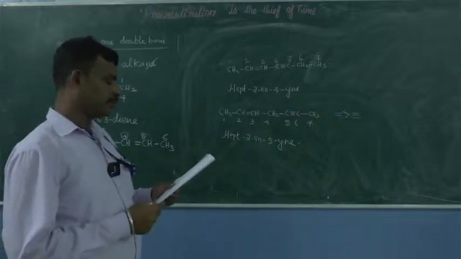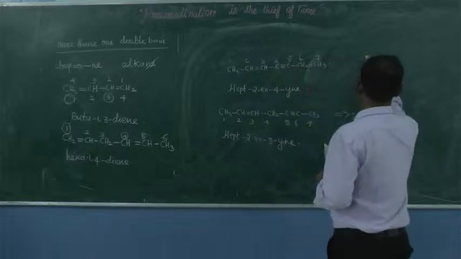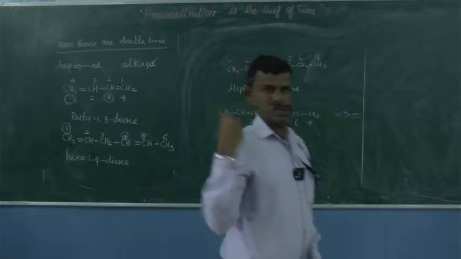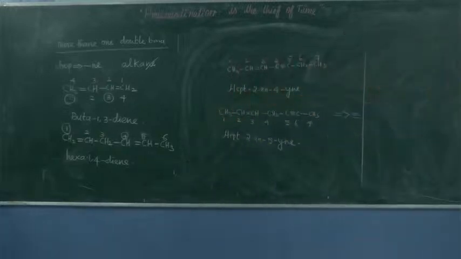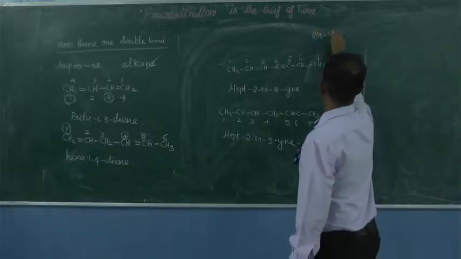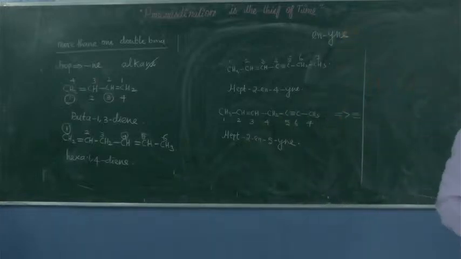Next example. Then I explained, suppose you have one double bond and one triple bond, you have to end with 'yne'. Yne: 'en' refers to the double bond, 'yne' refers to the triple bond. Is it clear?